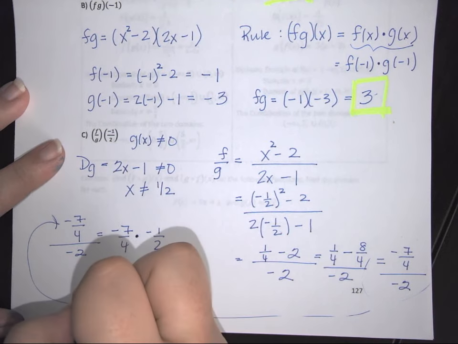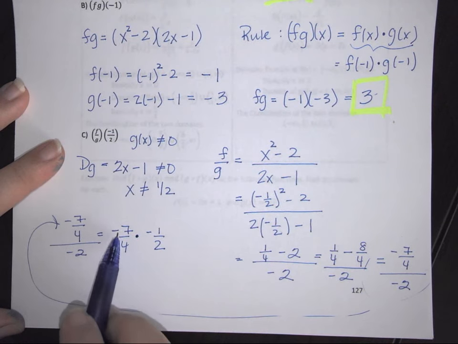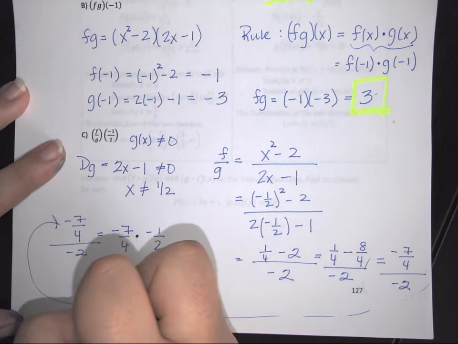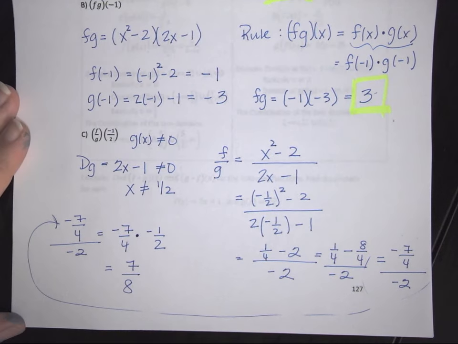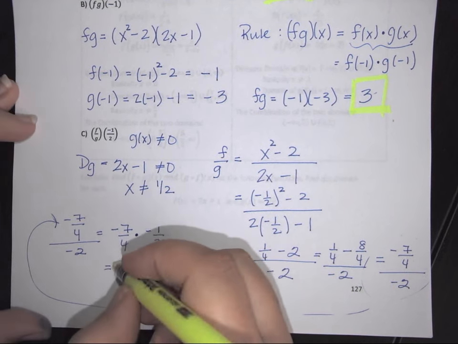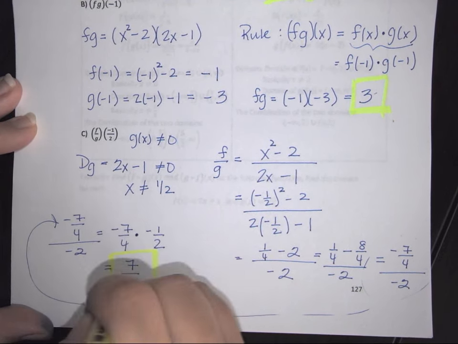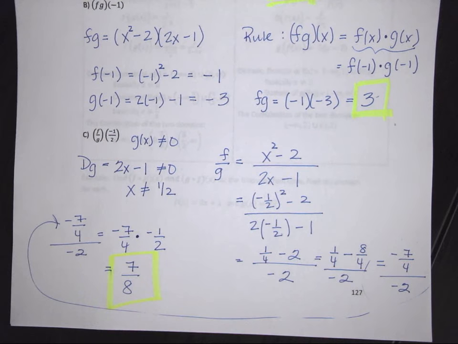Multiply straight across the top and straight across the bottom. Negative 7 times negative 1 is a positive 7. 4 times 2 is 8. Okay? And so here, this is the end result for doing f divided by g and evaluating at negative 1/2, which is 7 over 8.